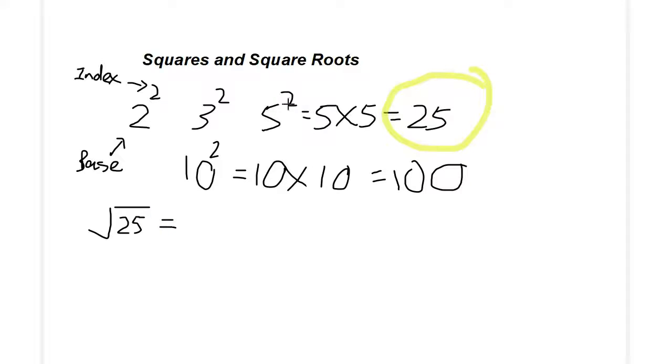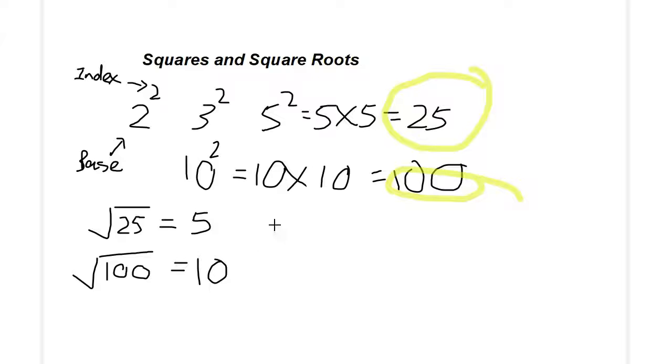Do you see 5 squared is 25? So the square root of 25, the opposite of square, is 5. So let's say we use 100 now. The square root of 100 will be equal to 10, because 10 squared you get 100.